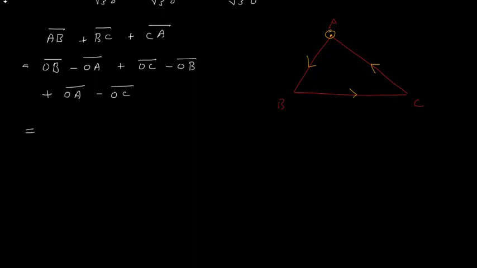So now OB and OB will cancel, OC and OC will cancel, and OA and OA will cancel. So what answer did I get? I got 0. So AB bar plus BC bar plus CA bar is the zero vector. Simple. As we are adding vectors, we will not write 0, we will write 0 bar.